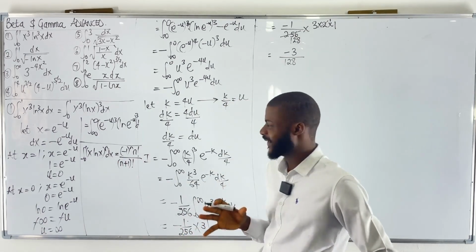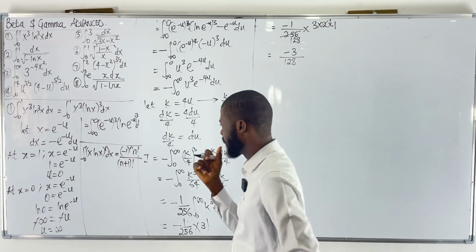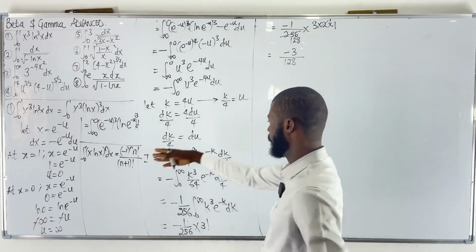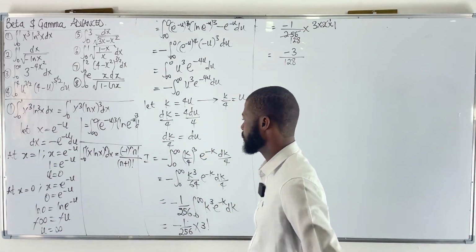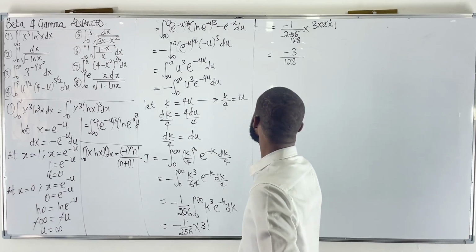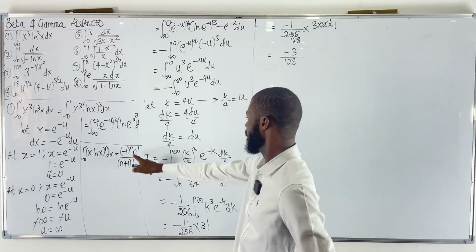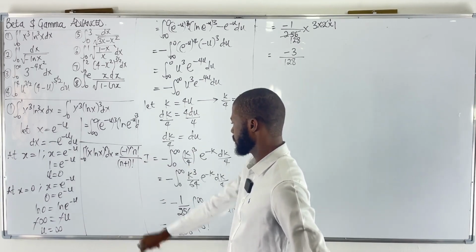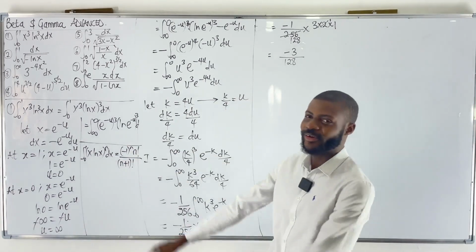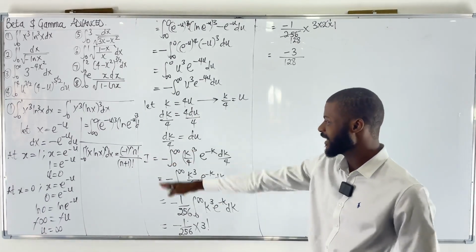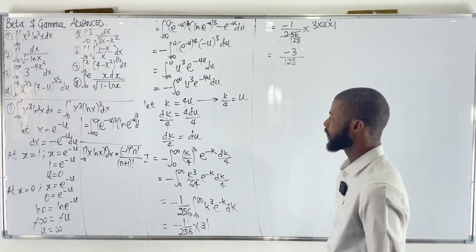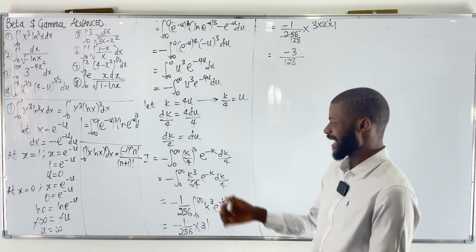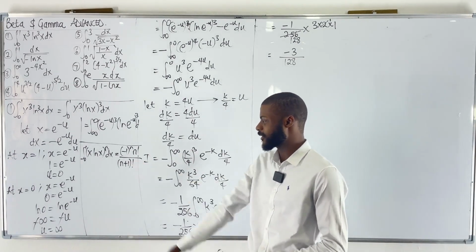Hold on, I'm trying to get it. I think there should be a proof for this. I kind of don't remember, but I know that there should be a formula like this. So let me just leave that. But it kind of looks like that. I feel like something is missing at the denominator.